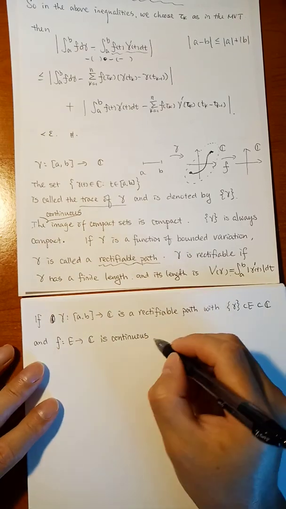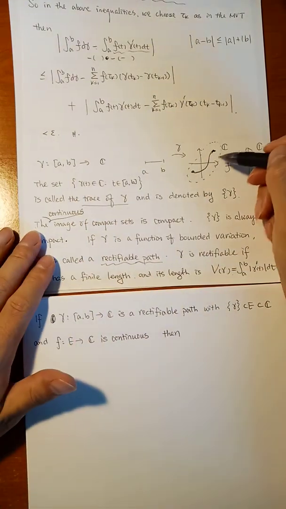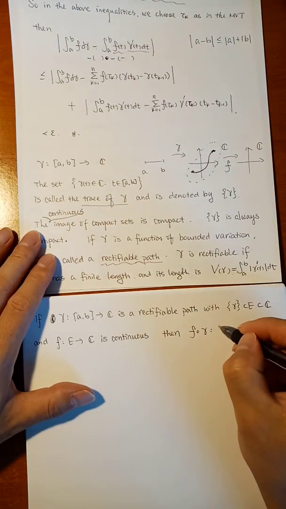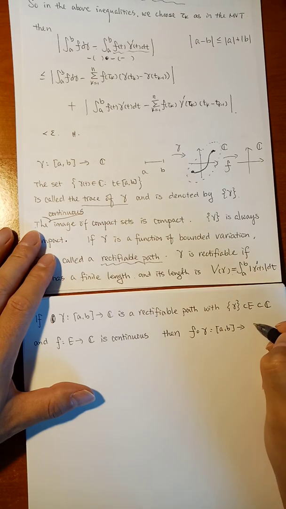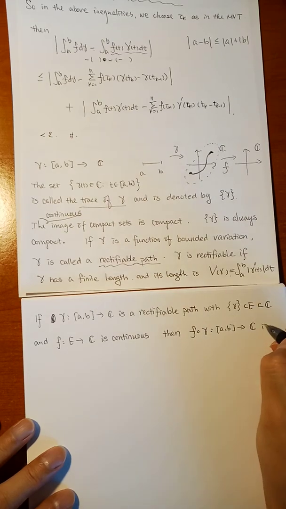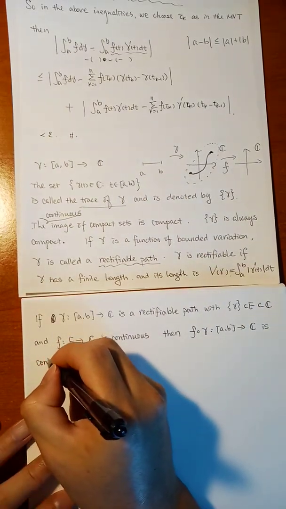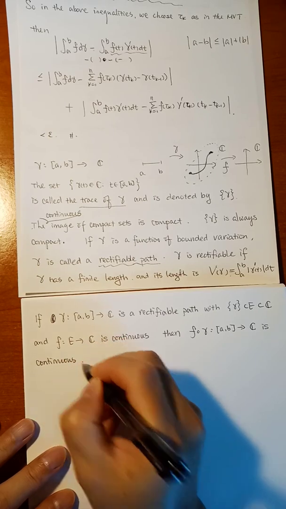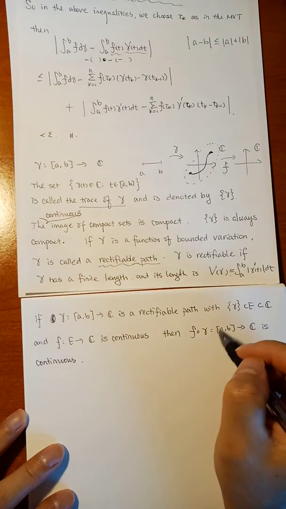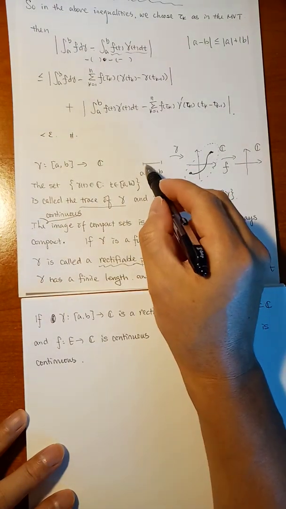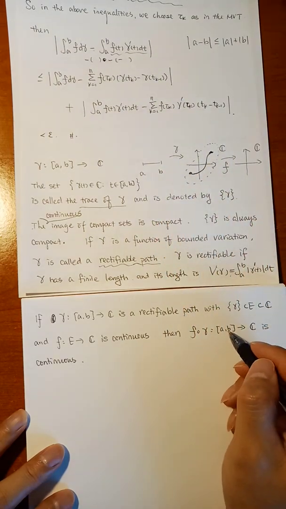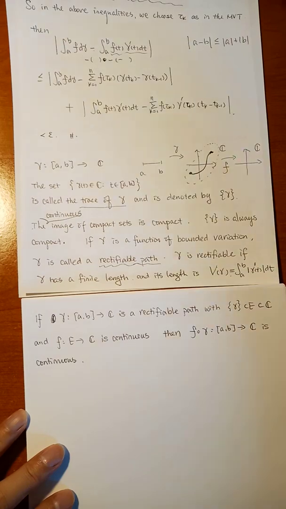Then what we have? We can compose gamma with f. Then f composed with gamma becomes a continuous map from [a,b] to C. The composite of continuous functions is still continuous. So be careful: at this moment, f is not directly defined over [a,b]. You have to compose f with gamma, and then this composite function becomes defined over [a,b].